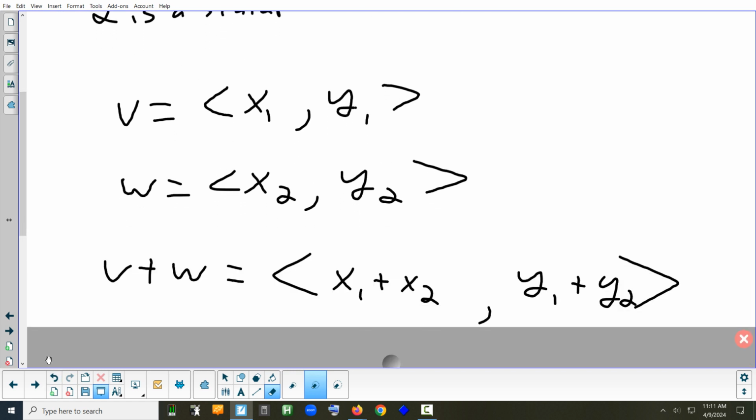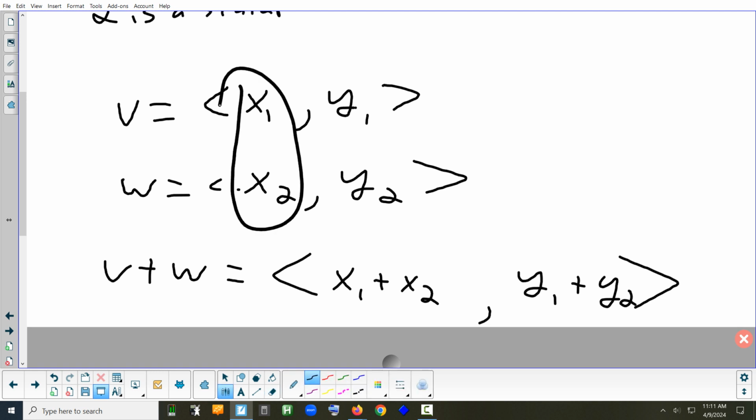So let's start with how we add 2 vectors. We already know how to do it visually. You take one, you put the other one on the end of it, and then you connect the diagonal. If you want to do it with just numbers, all you have to do is take the horizontal components of your 2 vectors, add them up, and then take the vertical components of your 2 vectors and add them up.